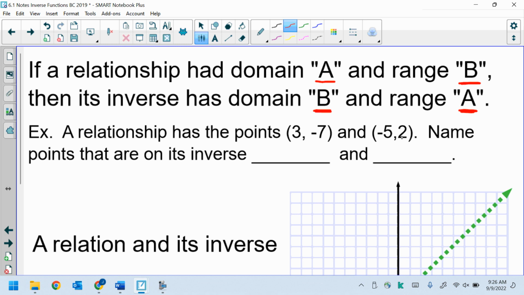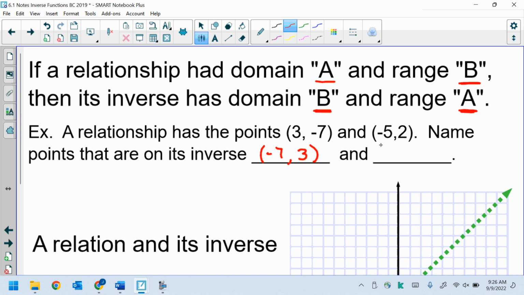Name points that are on the inverse. Well, we've got to switch the domain and the range. Now 3 was in the domain while -7 was in the range, so I better switch those around. A point on the inverse would be (-7, 3), because the domain and range, the set of x's and the set of y's, have reversed roles.